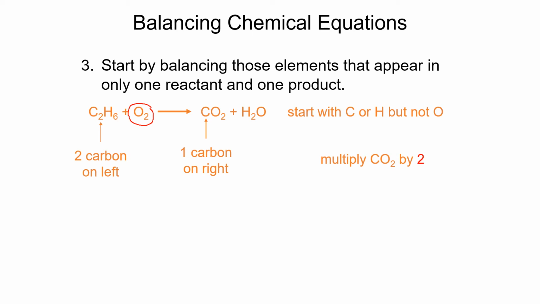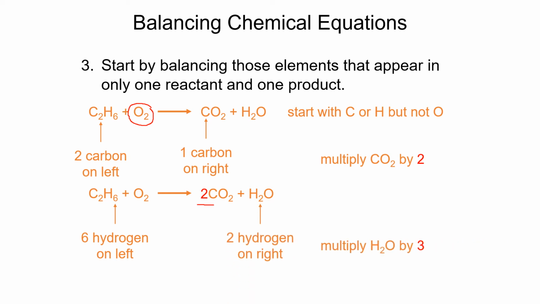So we'll multiply the CO2 by 2. That means we put a coefficient in front of CO2. Now we have 2 carbons on the right and 2 carbons on the left. Now we look at hydrogen. There are 6 hydrogens on the left, and there are 2 on the right.